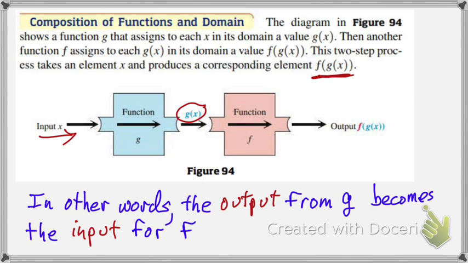So g's handing off to f. Then f takes that input and produces some output. This would be the y of f here. It's just chaining it along. In other words, the output of g becomes the input of f. Anything like that in the real world?